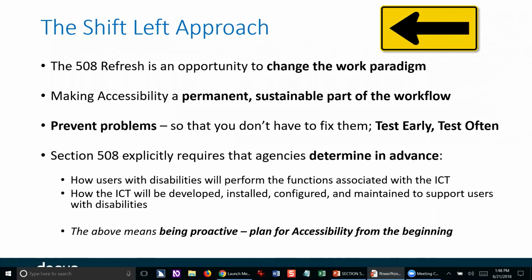So with shift left, you're really making accessibility a permanent and sustainable part of the workflow, and you're changing the work paradigm. The idea here is that you're preventing problems so that you don't have to waste resources trying to fix them later on.